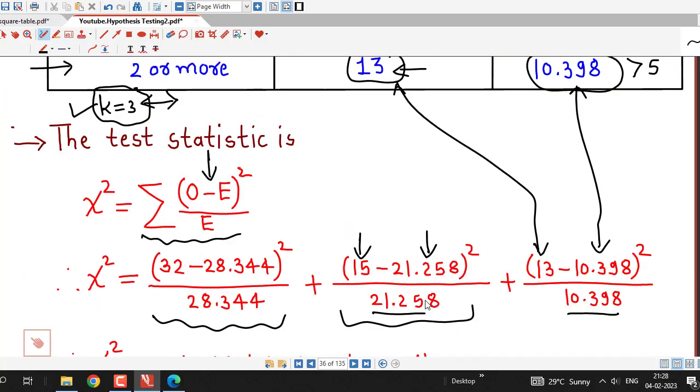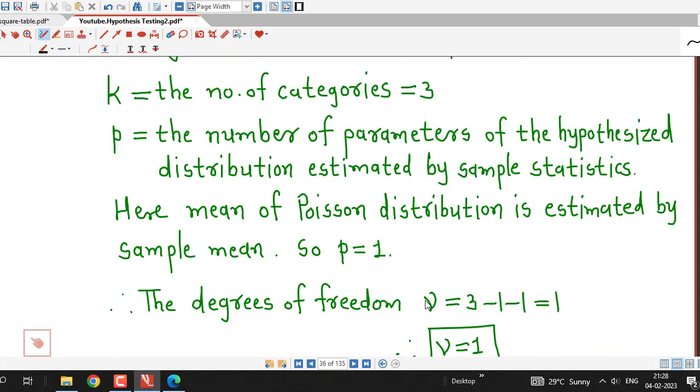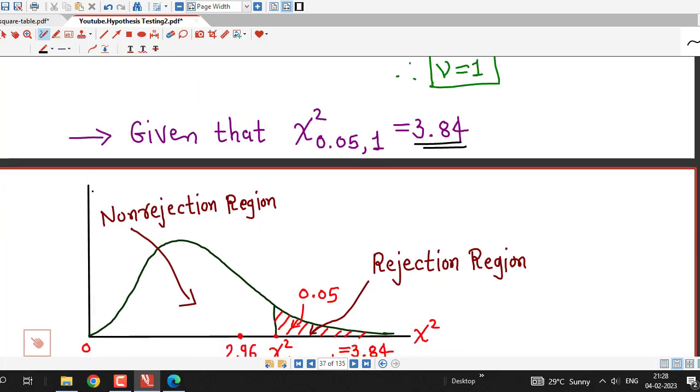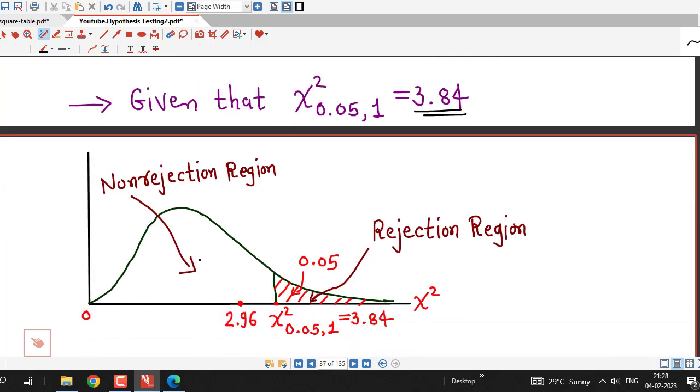So the chi-square critical value is given, and it is 3.84, and we know that the chi-square goodness of fit test is right-tailed. I have sketched this shape of the chi-square distribution just for understanding. This is the chi-square critical value, and because alpha is 0.05, the area to the right of this point is 0.05, and this is the rejection region.